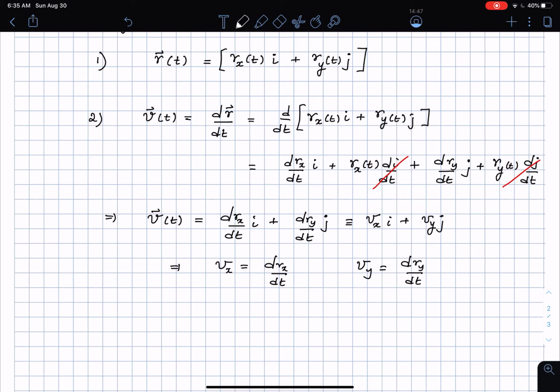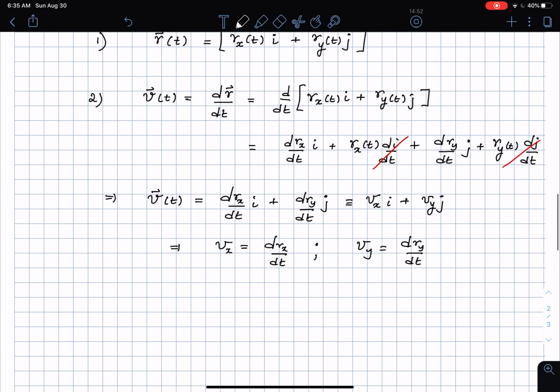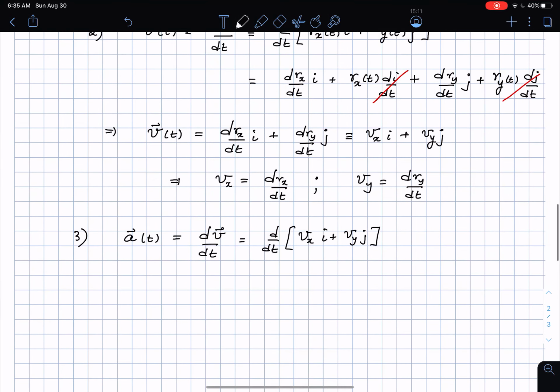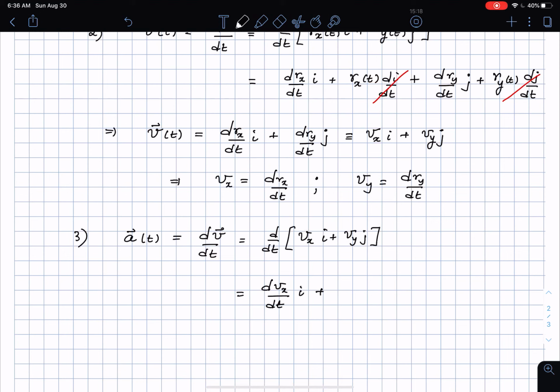These are the corresponding components of velocity in the x and the y directions. And I can do the same thing for the acceleration vector. I'm going to skip some of the details. The acceleration vector is dv by dt, which is d by dt of vx i plus vy j, so this is going to be dvx by dt i plus dvy by dt j, because the unit vectors i and j do not change with time.